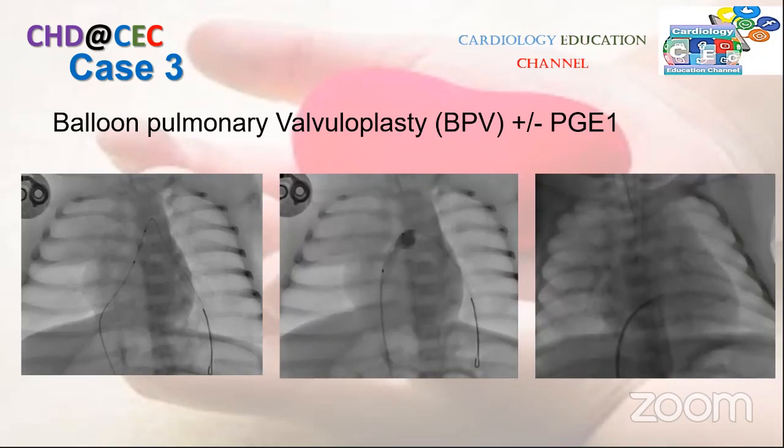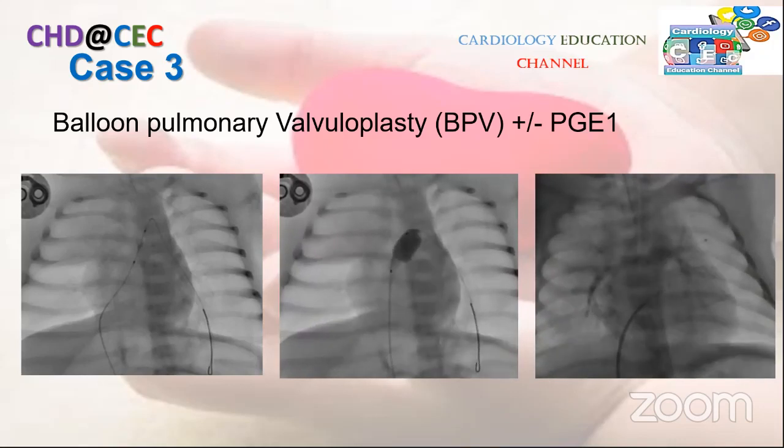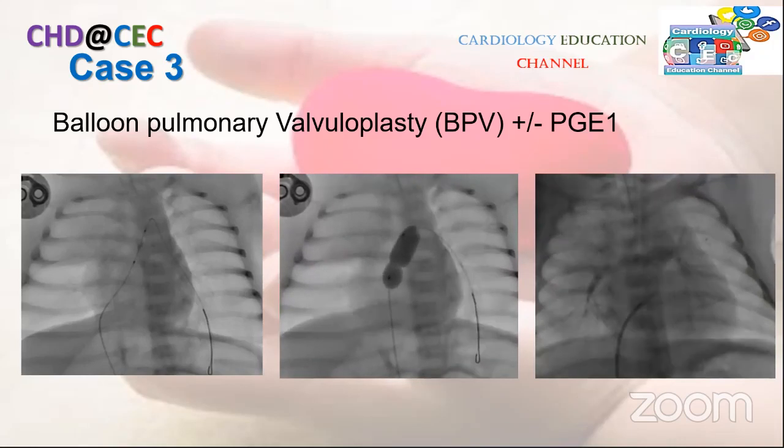Yes. And if this baby had an impaired systolic function pre-procedure and after dilatation, seeing the RV still have some stunning or impaired function, would you recommend to start some inotropes?